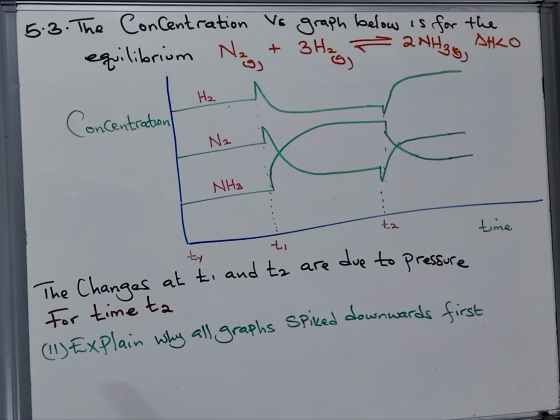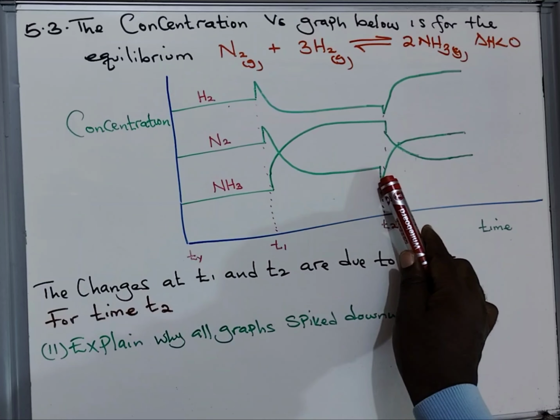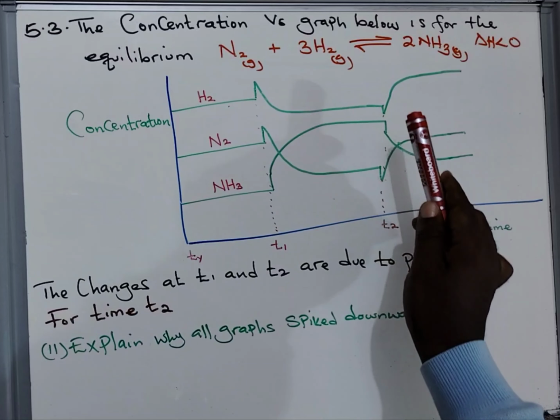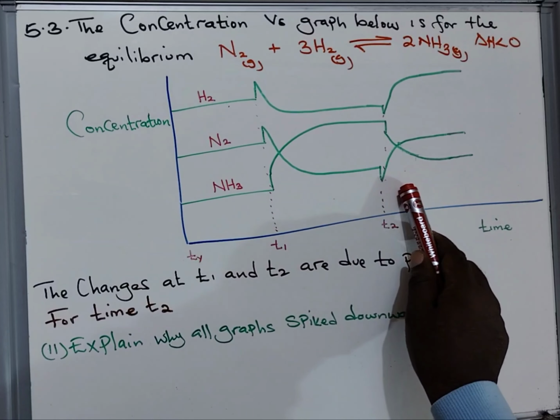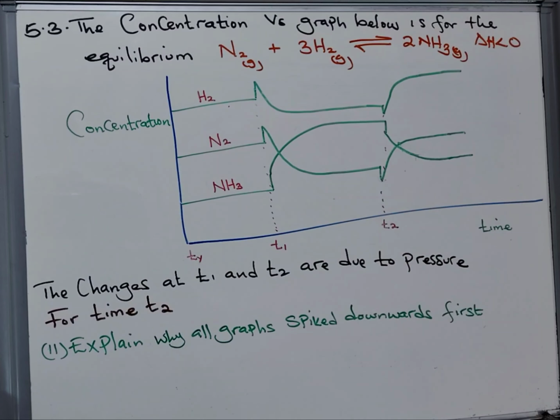Then comes this question. It says, explain why all graphs spiked downwards first. We can see it here. All the graphs are spiking downwards. Why? The reason is that at T2, the volume of the vessel increased.